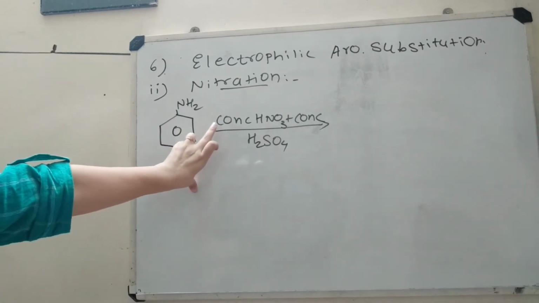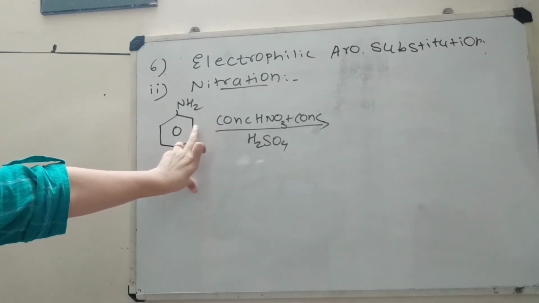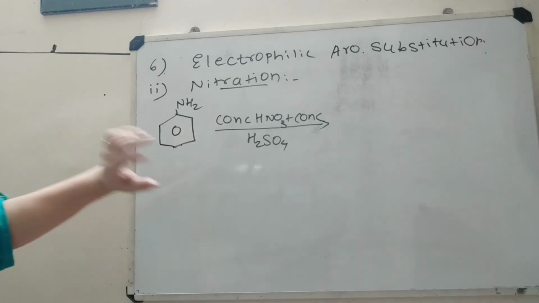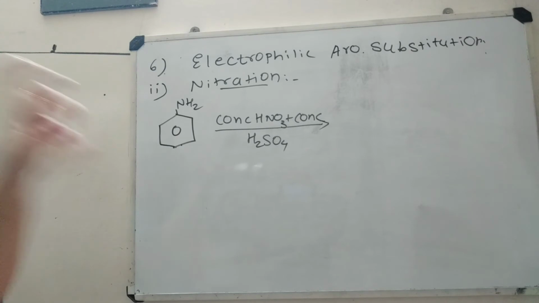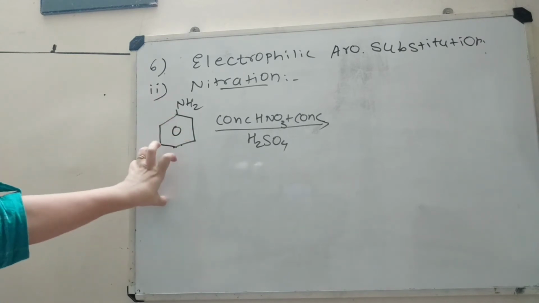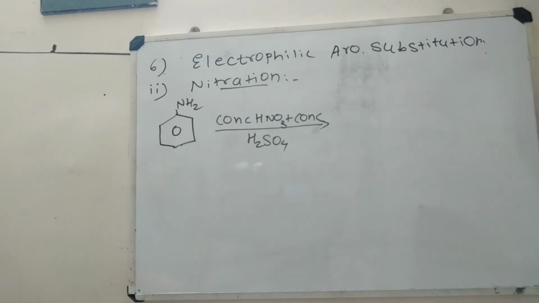When it undergoes heating with the nitrating mixture, that time the nitration takes place, and nitration means NO2 group is introduced to this aromatic ring and it attaches to the ortho, para and the meta position.